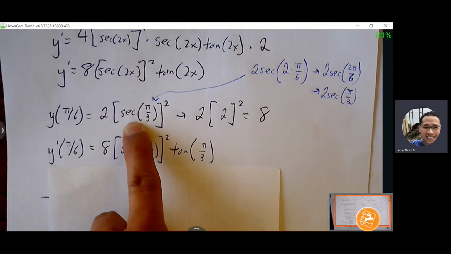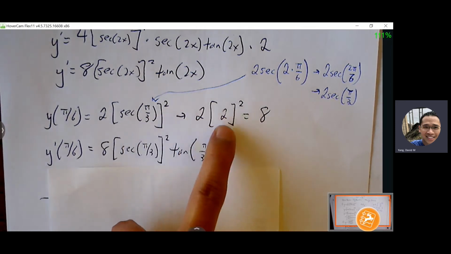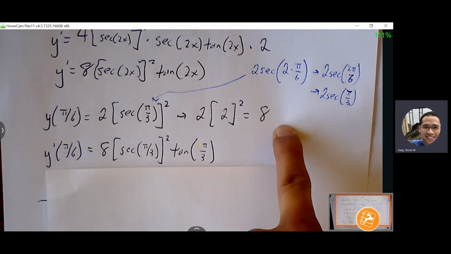So secant of pi over 3, think of secant as related to cosine. Cosine of pi over 3 is 1/2. Take the reciprocal of 1/2, which is 2 over 1. There's my secant value. 2 squared is 4. 4 times 2 is 8. That's my ordered pair. That's my y value.